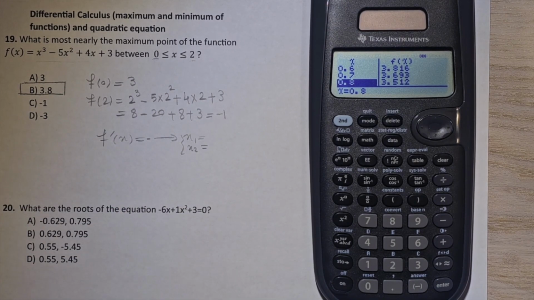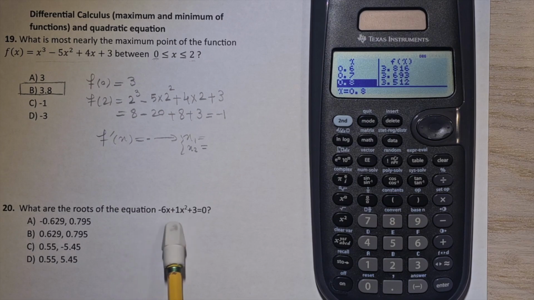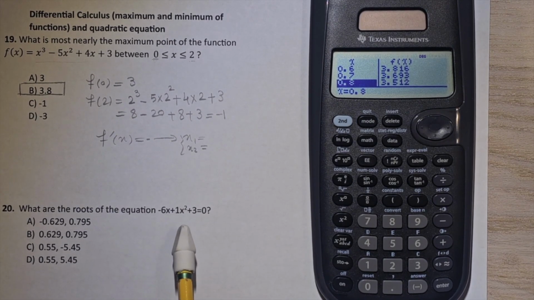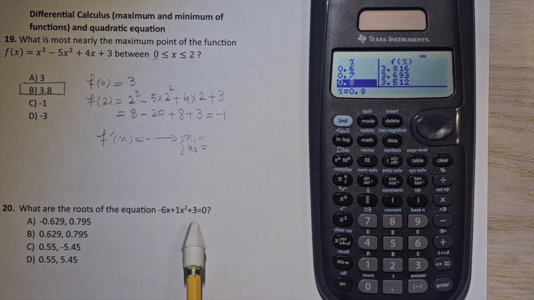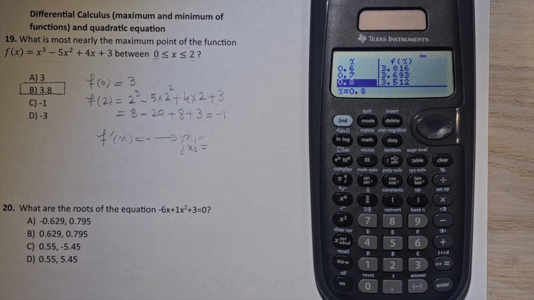Let's continue to example 20, the last one. What are the roots of the equation minus 6x plus 1x squared plus 3 equals 0? It is so easy, and actually it is a calculator exercise.